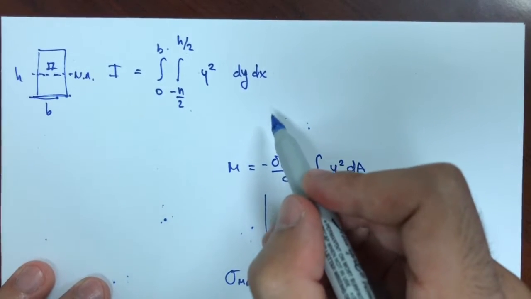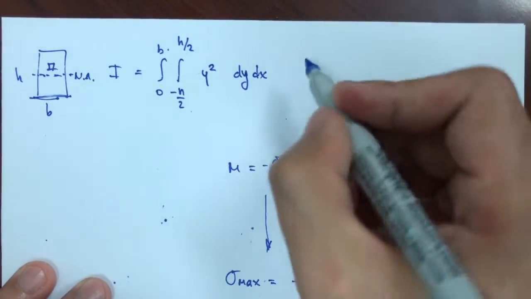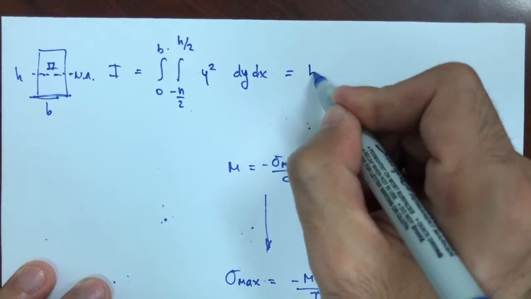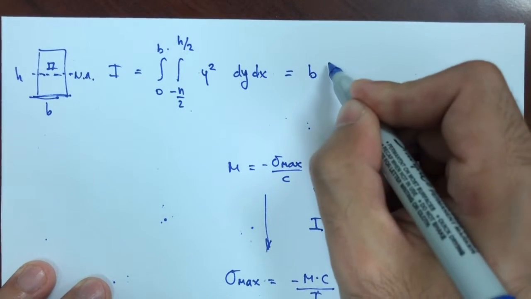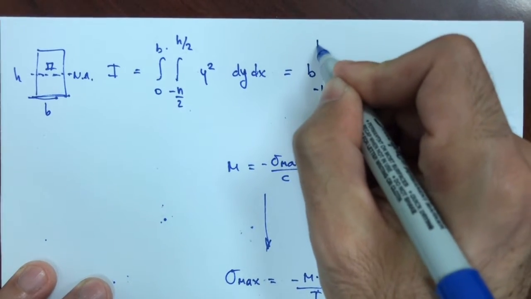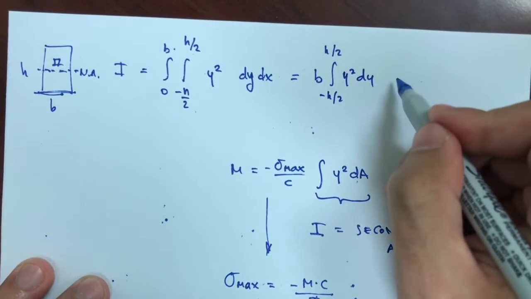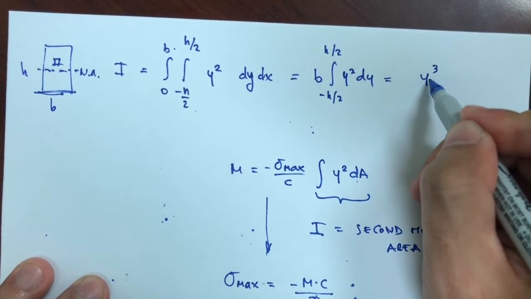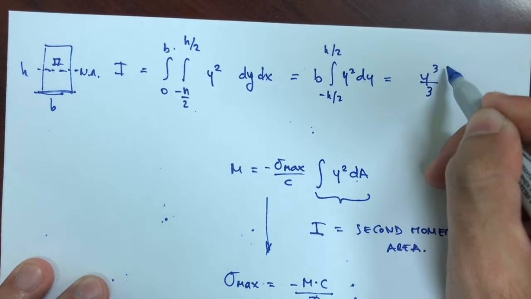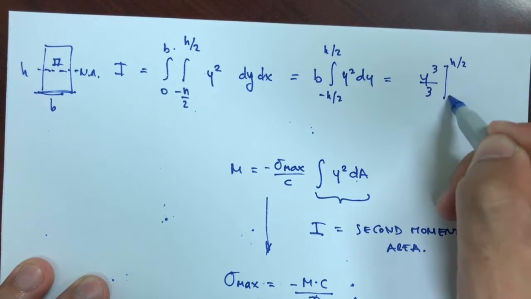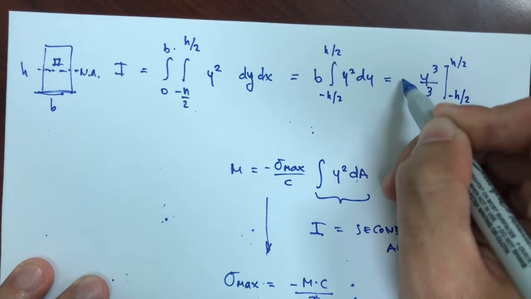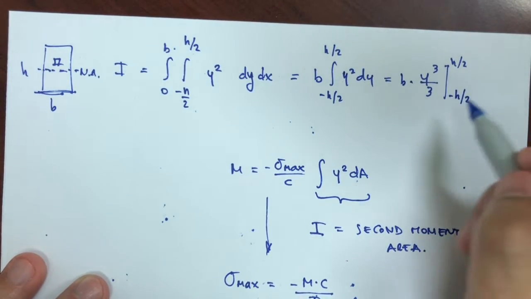So if I do the outer one first, it would just be b minus 0 times the other integral from minus h over 2 to h over 2 of y squared dy, and this would be y to the third over 3 evaluated at h over 2 and then minus h over 2, and still multiplying by b.